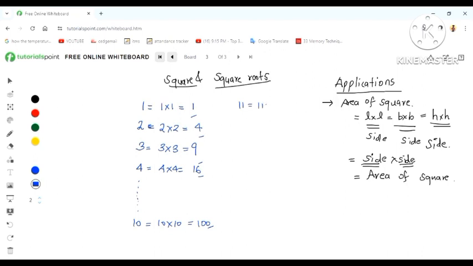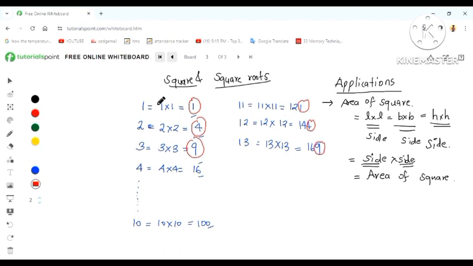Yes, you are right: 11 into 11 is 121. The square of 12 is 12 into 12, which is 144. The square of 13 is 13 into 13, which is 169. You can observe these results: 1, 4, 9, 1, 4 and 9.